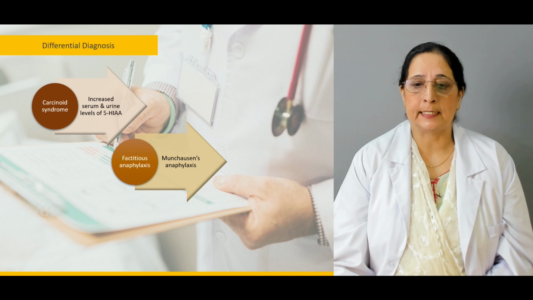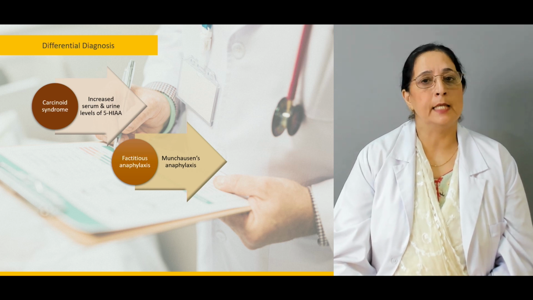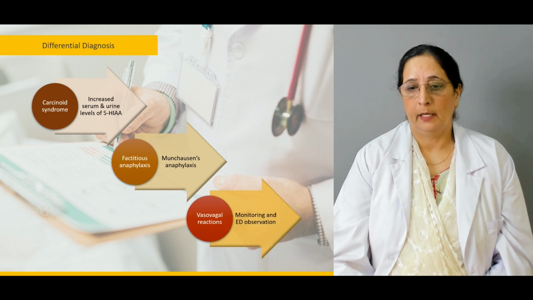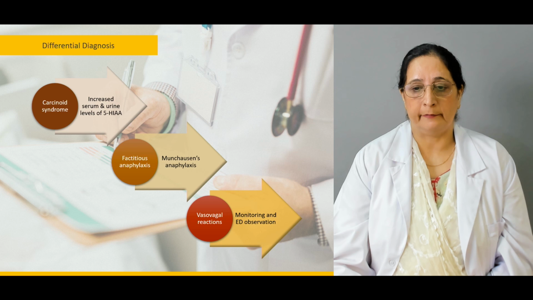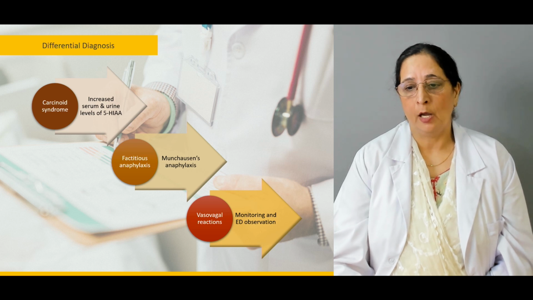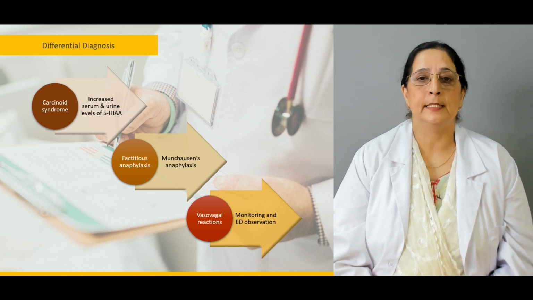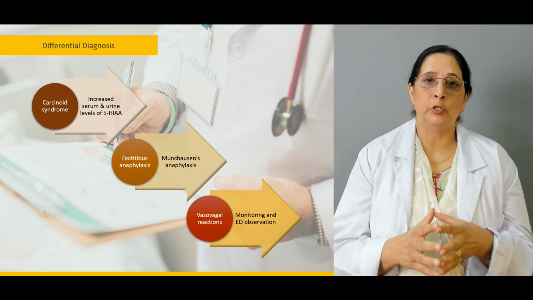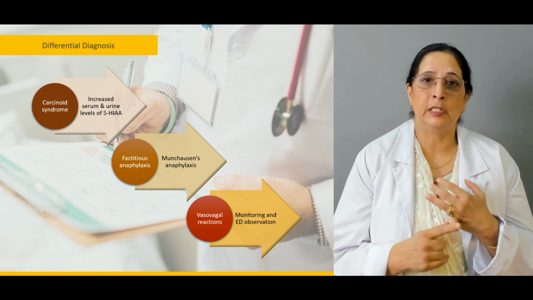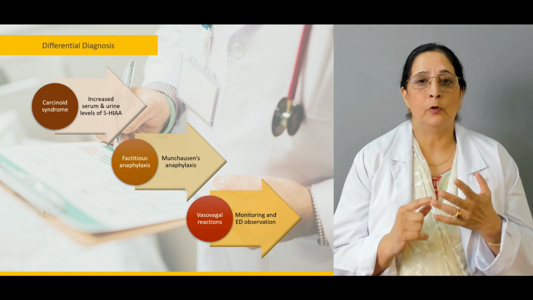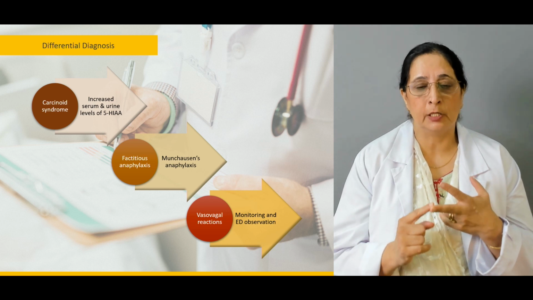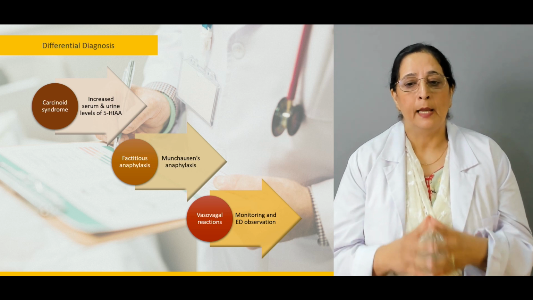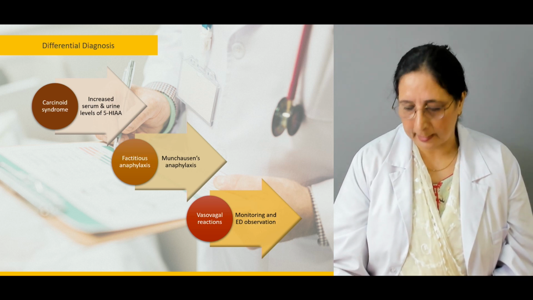Factitious anaphylaxis, Munchausen's anaphylaxis, that's another differential diagnosis. Vasovagal reaction, monitoring and emergency department observation. So all these are differential diagnoses. We have hereditary angioedema, carcinoid syndrome, vasovagal reaction, in which we need to monitor the patient in the emergency department, and then we have factitious anaphylaxis.